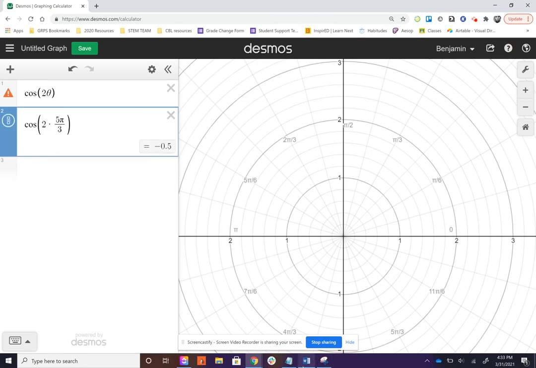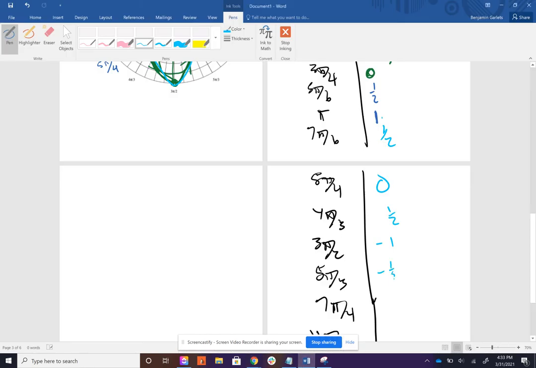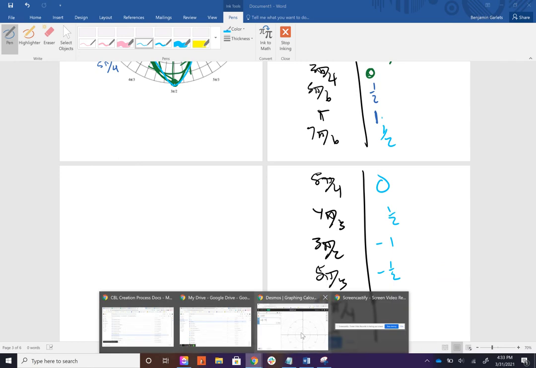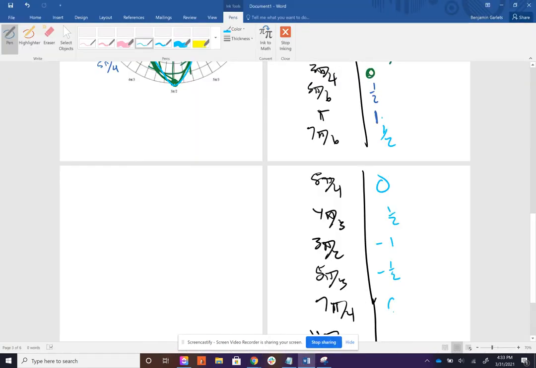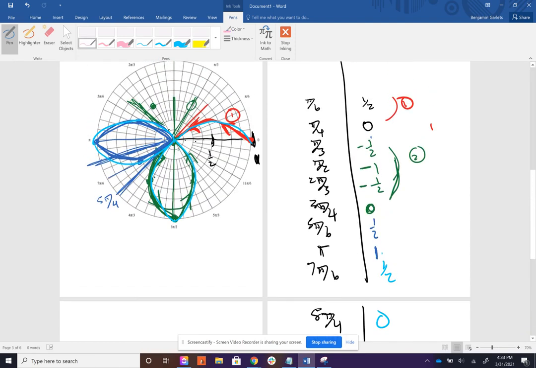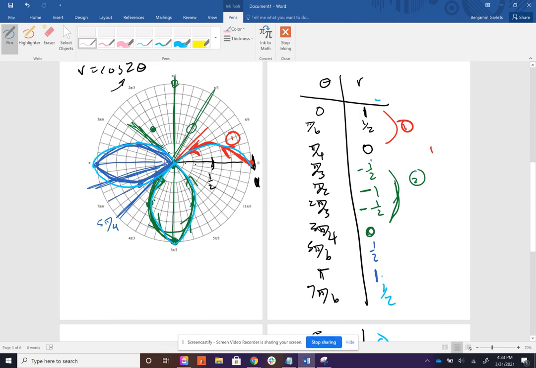Negative 1/2. And 7 pi over 4. 0. Okay, so I'm already seeing kind of a pattern here. Let's go pink with this one. So 5 pi over 4, 0.